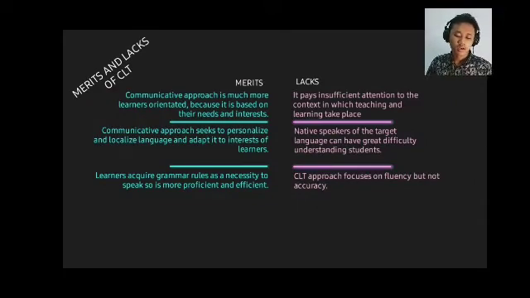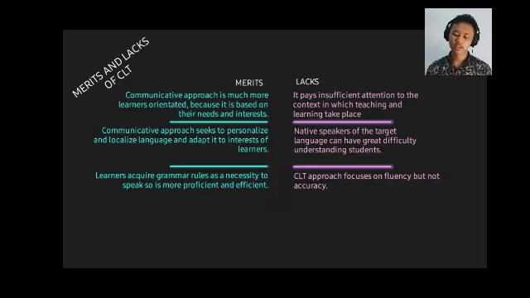Now I will present the merits and lacks of CLT. The merit of CLT is that the communicative approach is much more learner-oriented because it is based on their needs and interests. The communicative approach also seeks to personalize and localize language and adapt it to the interests of learners. Learners acquire grammar rules as a necessity to speak, so it's more proficient and efficient.